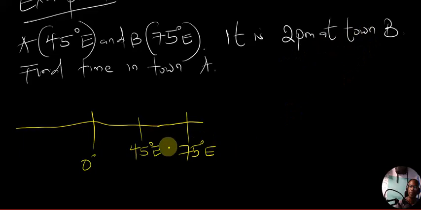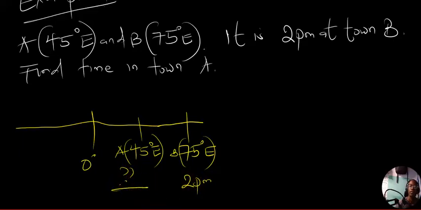But it is 2 p.m. in town B. This is town A, 45. Then town B, 75. It is 2 p.m. at town B. So we want to find the time in town A. You can see now it's like we are moving westwards. We are moving this direction. And time on the west side is usually less.